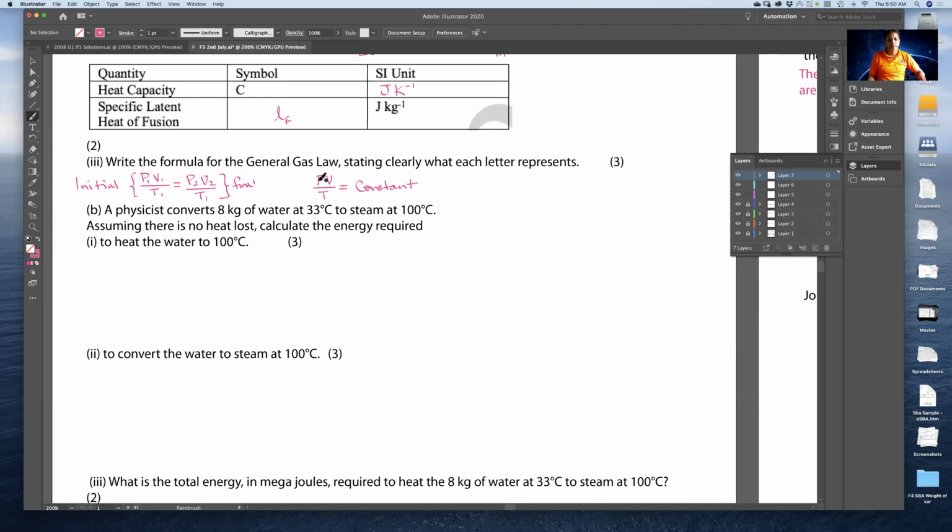All right? If you were to multiply the pressure by the volume and divide it by the temperature of a gas, it will always be a constant. Of course, there's a condition for this. And what is the condition? The condition is that the mass of gas remains constant.